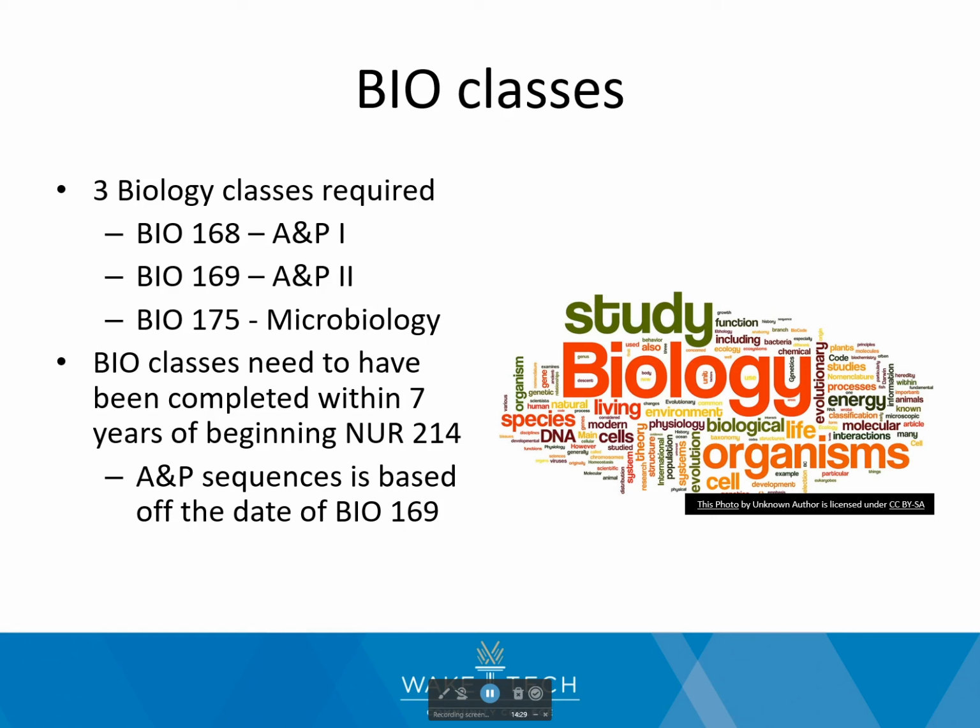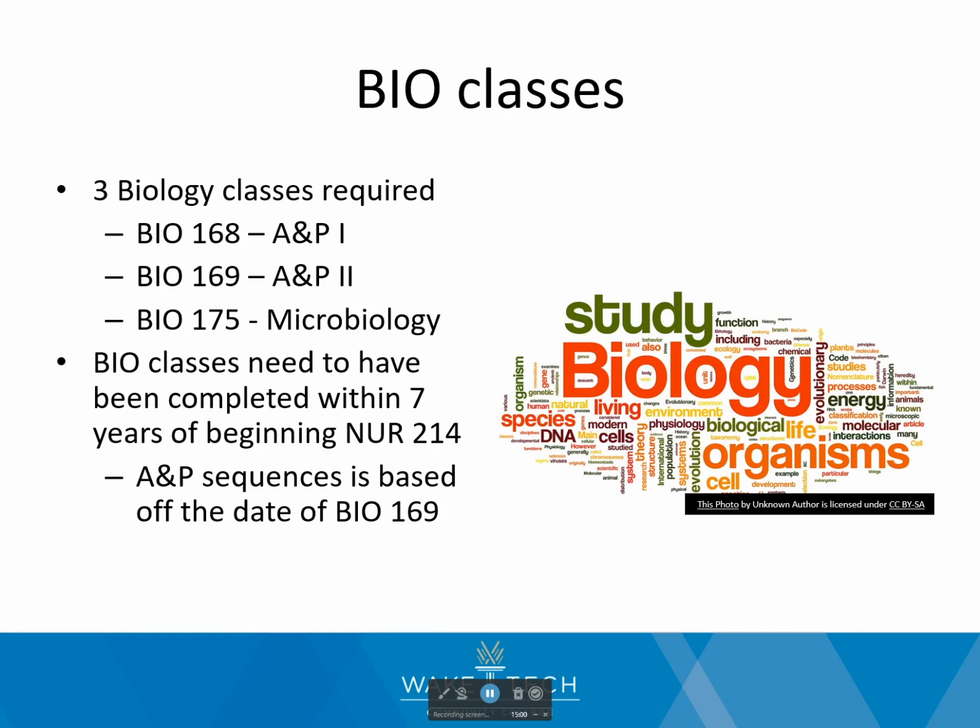So if you had A&P 1, Biology 168, and A&P 2, Biology 169 in 2008, that's more than 7 years ago. But you can take the Biology 169 now, and that will bring the sequence up to date. So we will base that 7 years on that Biology 169. The microbiology has to be within 7 years. Okay?